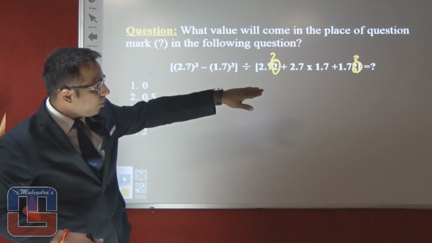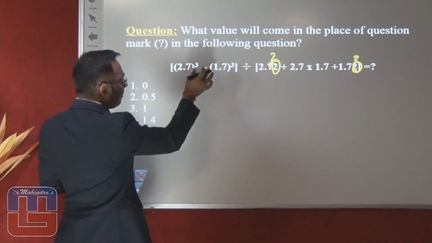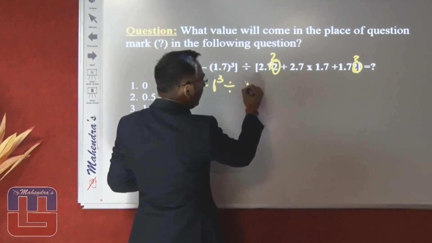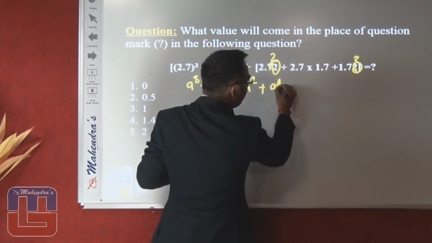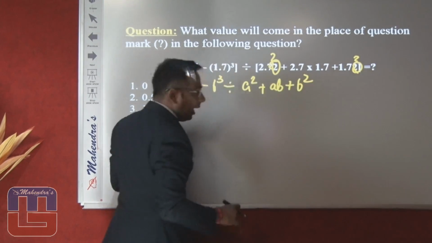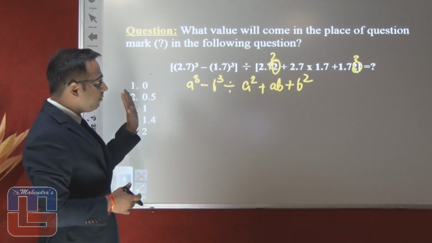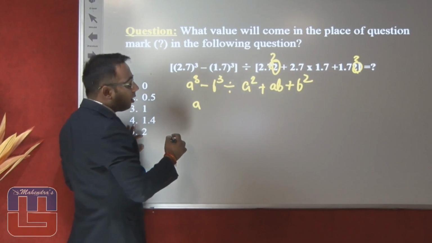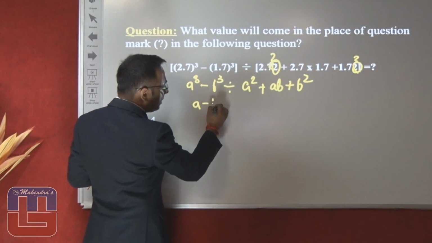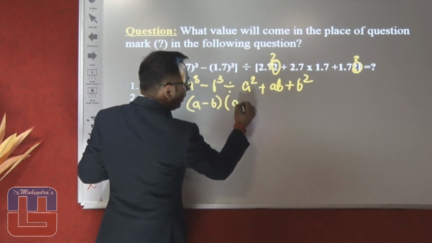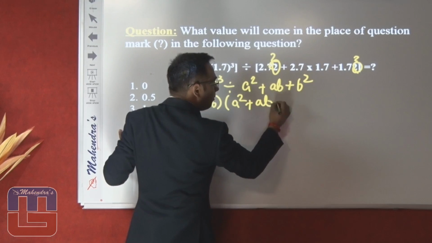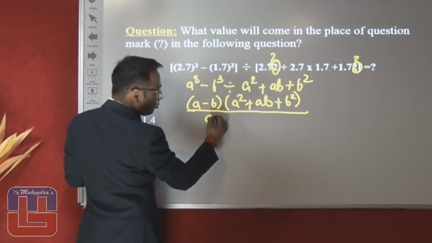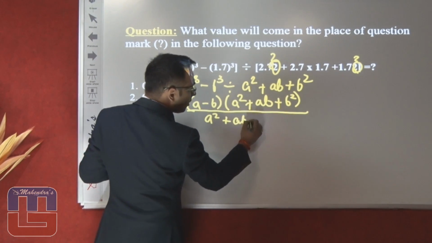Now what happens here, it is a cube minus b cube divided by a square plus ab plus b square. And as we all know, the formula is a cube minus b cube equals a minus b into a square plus ab plus b square, divided by a square plus ab plus b square.